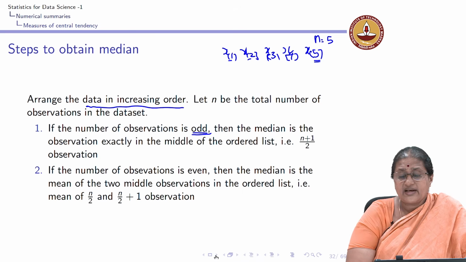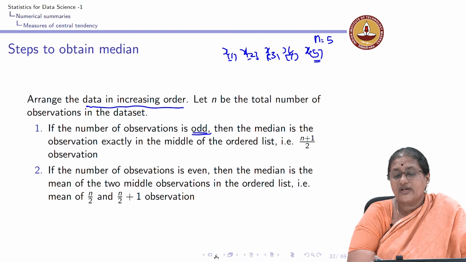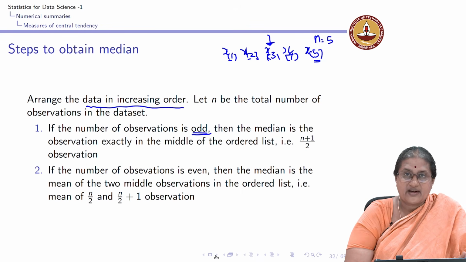Then the data at position (n plus 1) by 2, which is 5 plus 1, 6, divided by 2, which is 3, would be my median. Remember, x1 to x5 is my data arranged in increasing order, and x3, the third-rank data, would be my median.